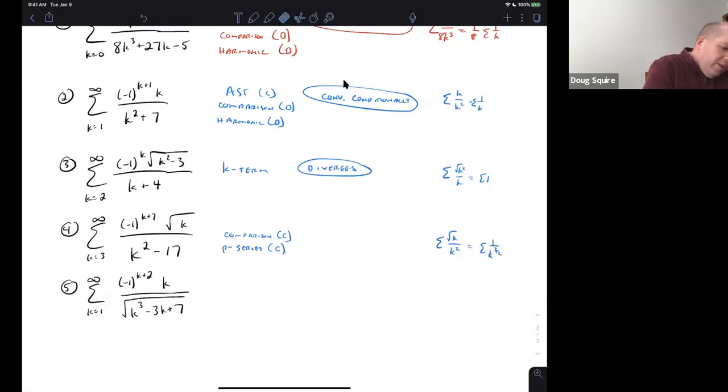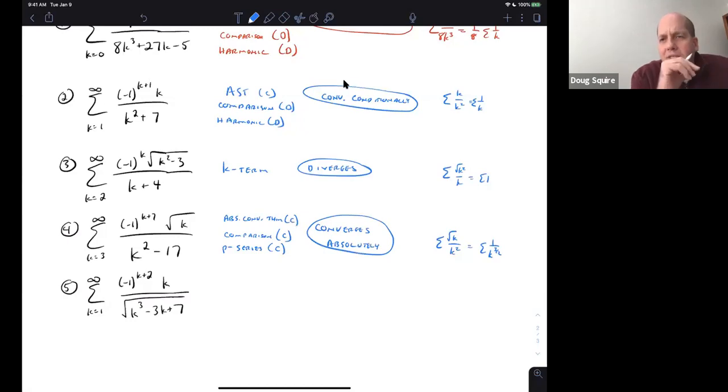And then the one on the left is going to converge absolutely by the absolute convergence theorem. And so that converges as well. And so the conclusion, or the answer, is going to be converges absolutely. Does everybody follow that? Any questions on that?